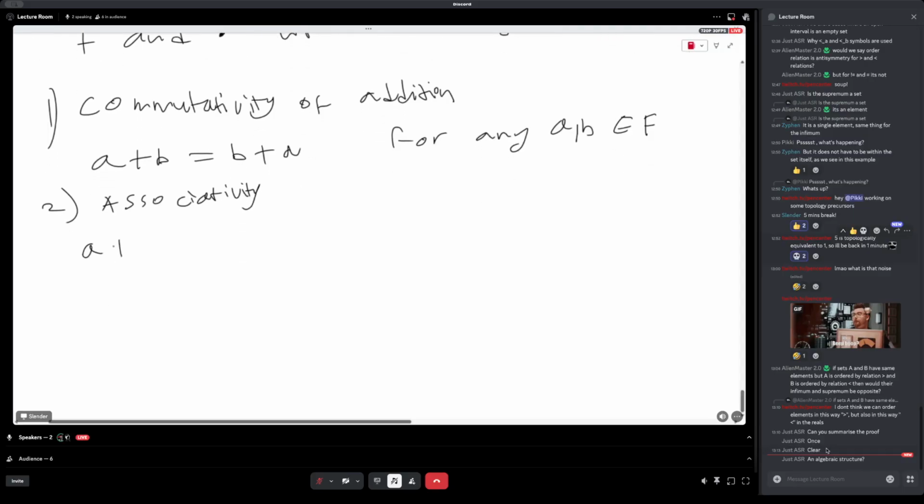This says that if you add a number, and before adding it to the other number you group b and c together, this is the same as grouping the first two and adding the third number, for any a, b, c in F.